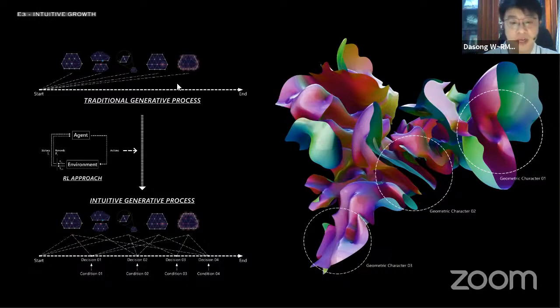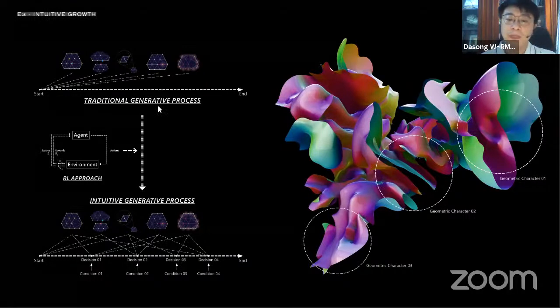The left diagram here demonstrates a more traditional generative system, like a simulation-based system. Basically, the diagram simplifies that most of the behaviors or parameters are implemented once at the beginning of the simulation process, and the form will evolve itself over time with those static behaviors and parameters.